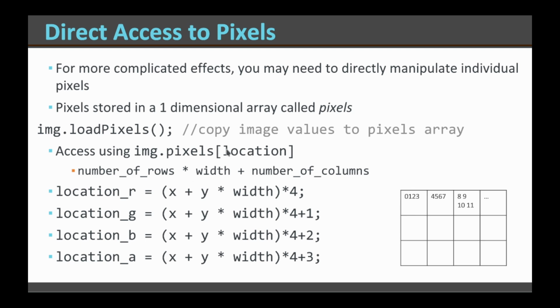To get a location in the array that you want to manipulate, the basics is the number of rows times the width plus the number of columns. If you were just in a 2D grid, that would give you the right array index, like 0, 1, 2, 3. And that works for two-dimensional arrays that are smushed into one dimension. That's pretty common.